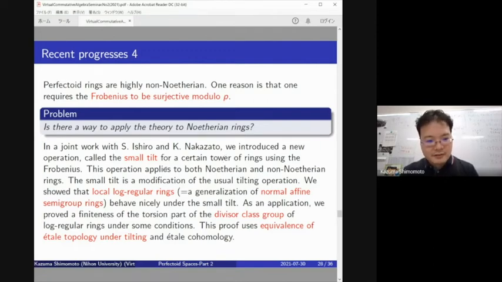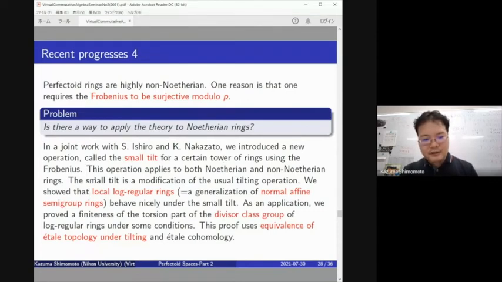In a just recent joint work with Ishiro-san and Nakazato-san, we introduced a new operation called the small tilt. I explained the tilting operation in the last talk. This is called the small tilt for a certain tower of rings using the Frobenius. So what is good about this small tilt? This operation applies to both Noetherian and non-Noetherian rings.